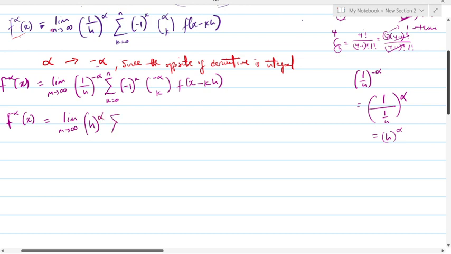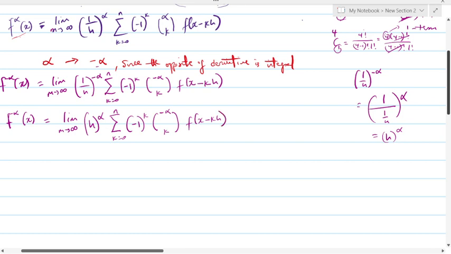Then we have summation k equals 0 to n, of bracket minus 1 raised to power k, then minus alpha combination k, function x minus kh.